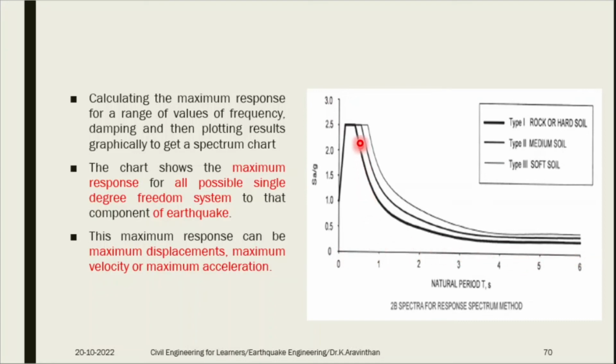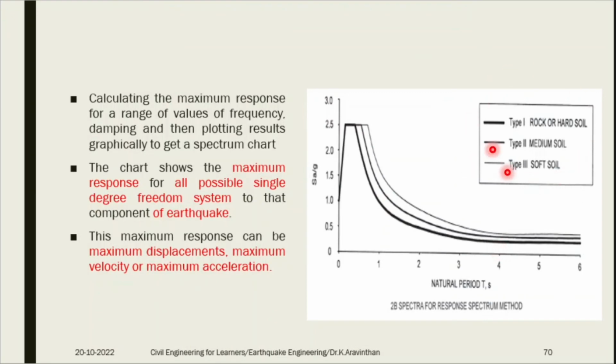Where you have the peak value of acceleration is between the values 0.5 to 0.2. Around this region has your maximum value of earthquake. So by this graph, if your building does not fall under this natural period, then your building is safe against any earthquake.